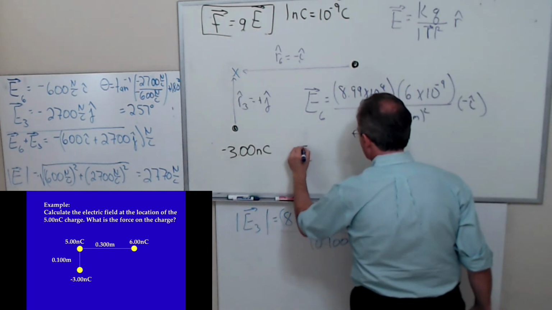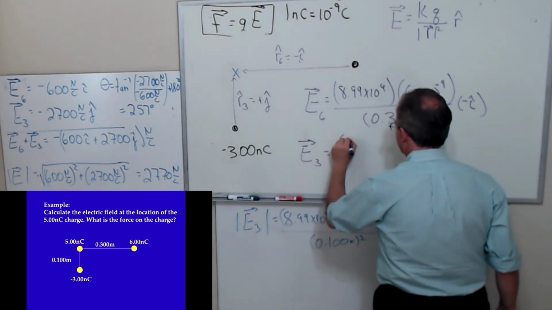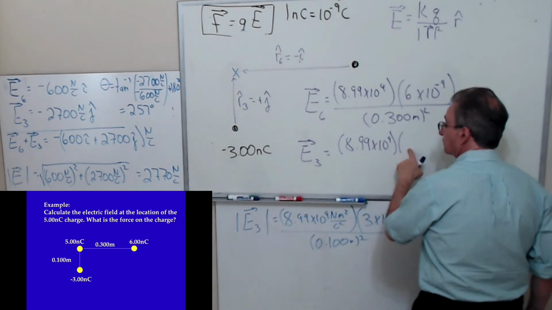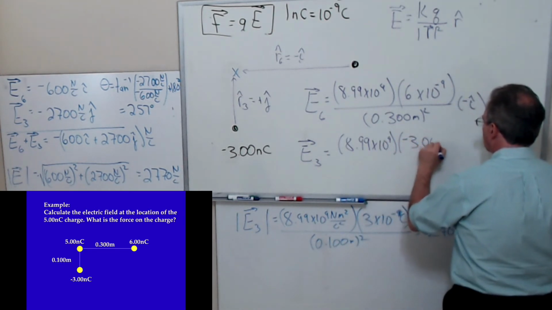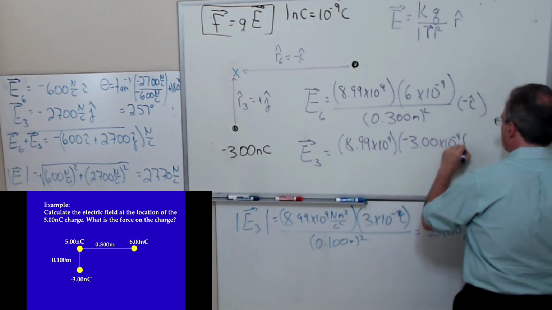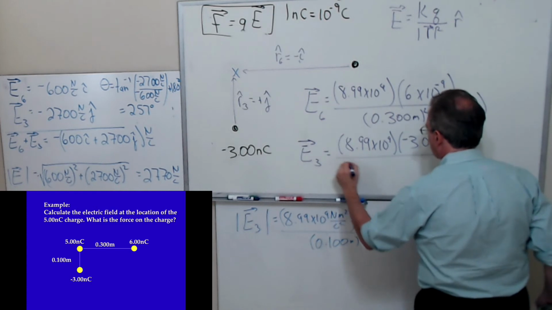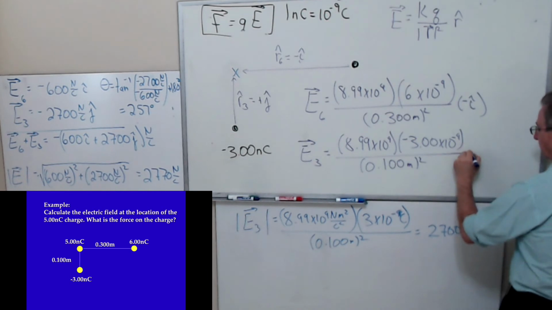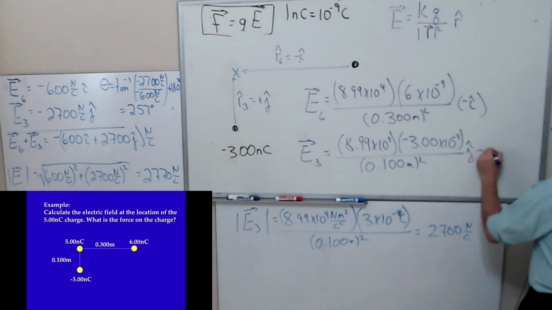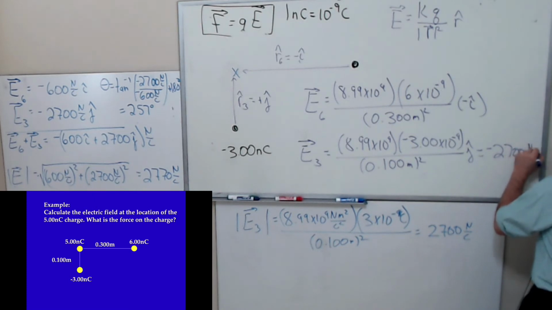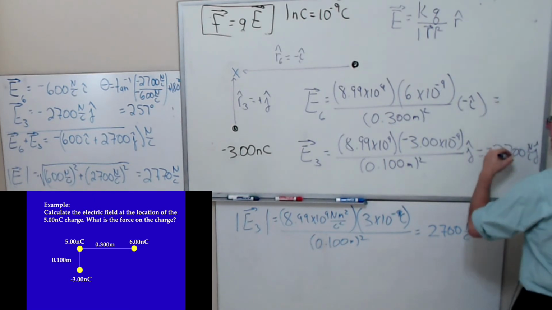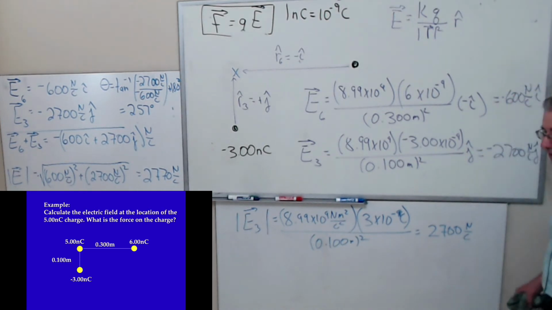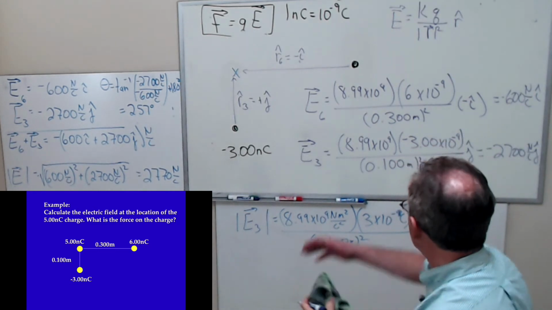E3, here I'm going to put the sign of the charge in. And this is going to be the j hat. This will come out to minus 2700. This will come out to minus 600. You get the same thing. You still get the same components.